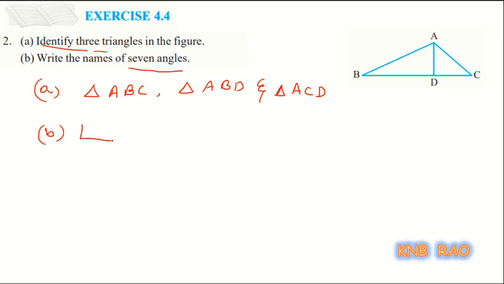So using 3-letter notation, first I have got angle BAC, which means in triangle ABC this big angle, angle ABC, that means this angle in triangle ABC, and angle ACB, that means in triangle ABC this third angle.